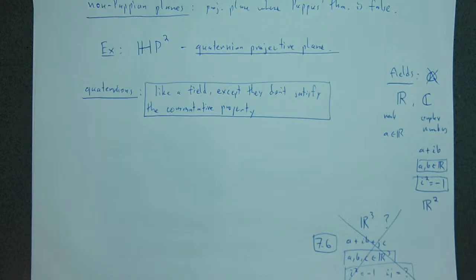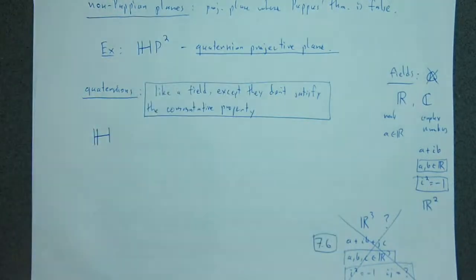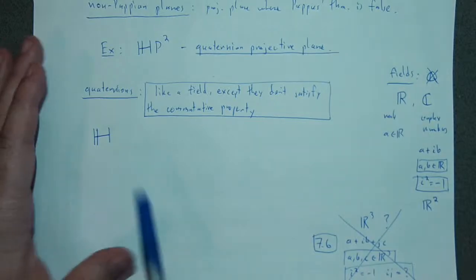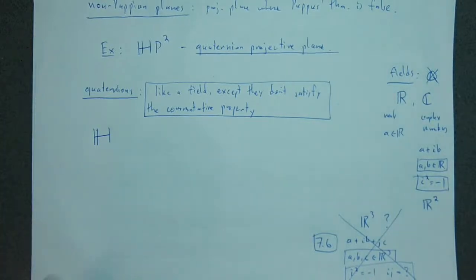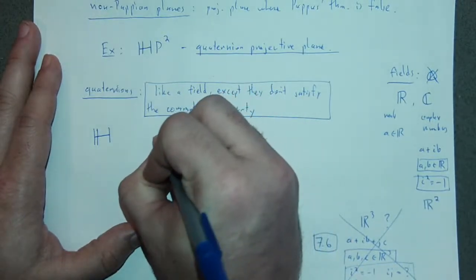Okay. And so what are the quaternions? The quaternions are labeled with an H. They are the set of things that look like this. So what does a quaternion look like?